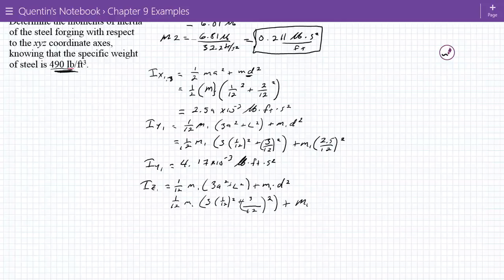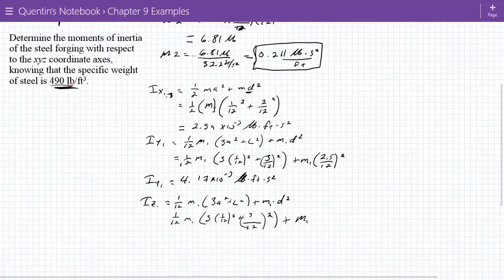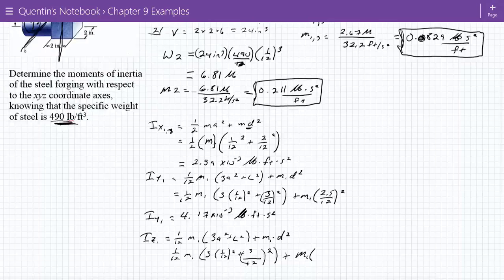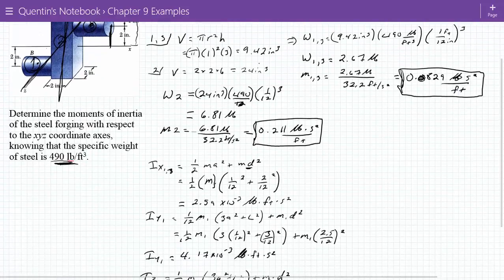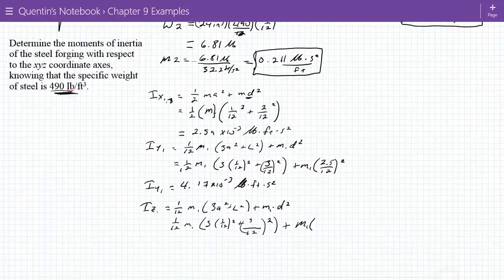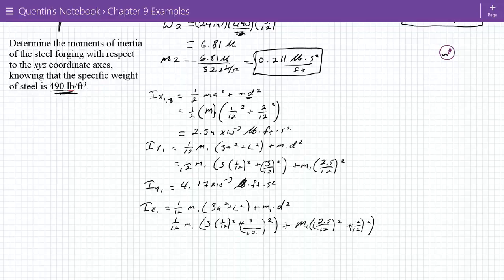Now the distance in this case is the square root of x squared plus y squared, but we're squaring it, right? So it works out that it just ends up being x squared plus y squared. So what is x squared? X squared is going to be, again, that 2.5 inches squared, and y squared is going to be the 2 inches squared. And so we have 2.5 over 12 squared plus 2 over 12 squared.